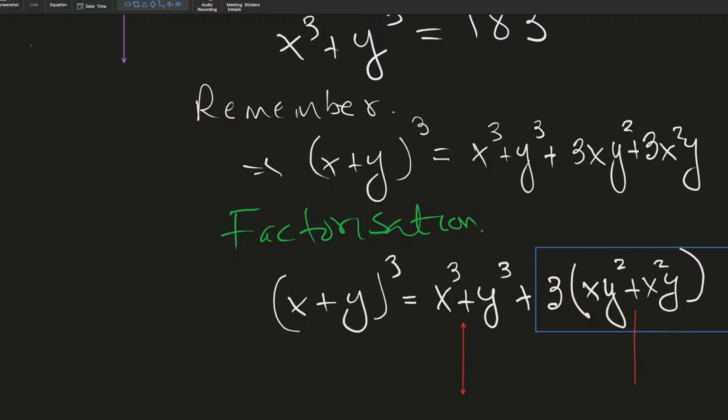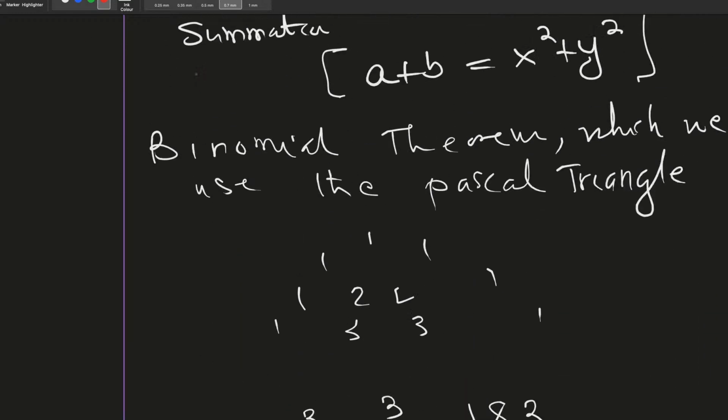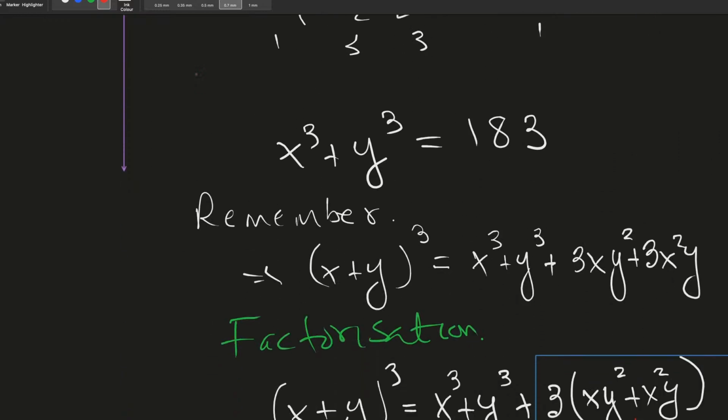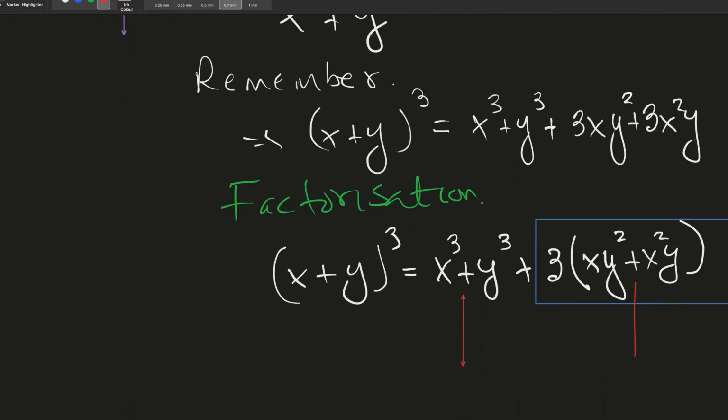All right. Now let's go back and see. So you see this one, x cubed plus y cubed equals 183, is equation 1. And this is equal to what? Equation 2.